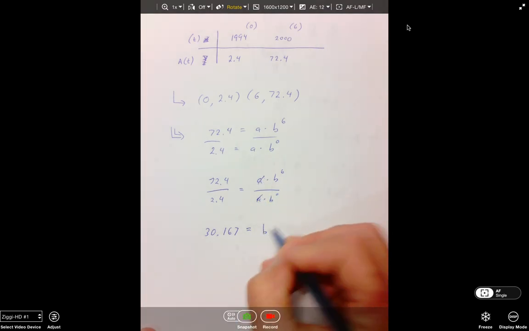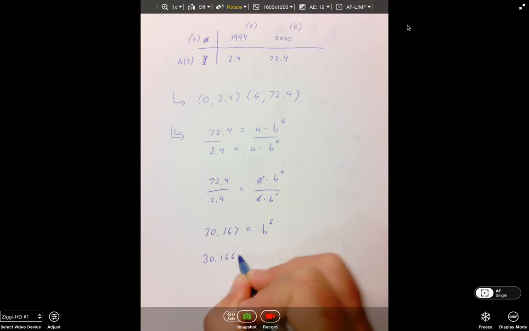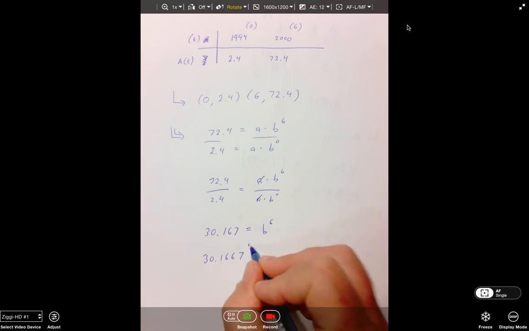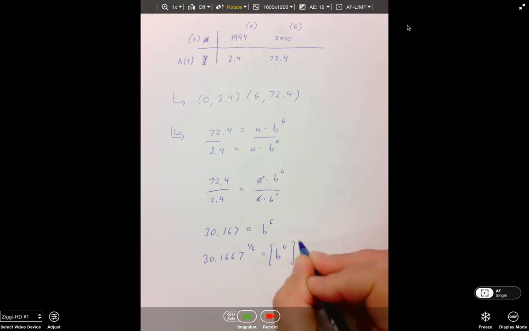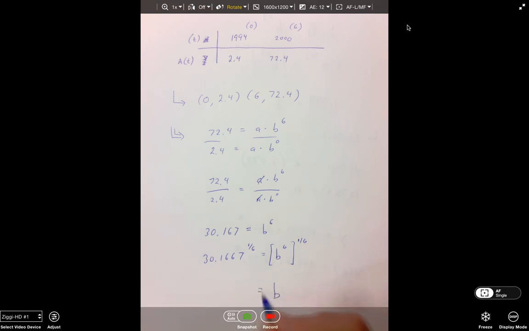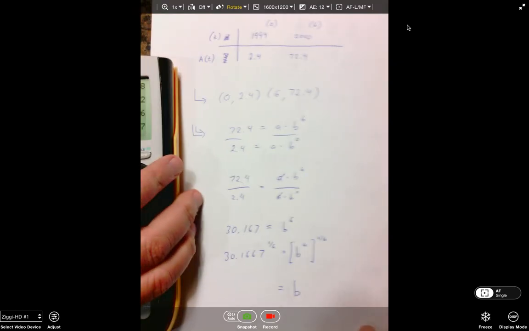And over here I get b to the 6th power. Guys, raise both sides. I'll tell you what I'm going to do. I'm going to go out 4 places because I know that actually gives me, so guys, my b in this situation is going to be 30.166666 to the 1/6 power.